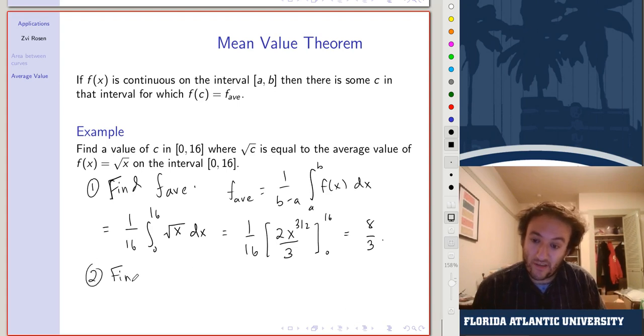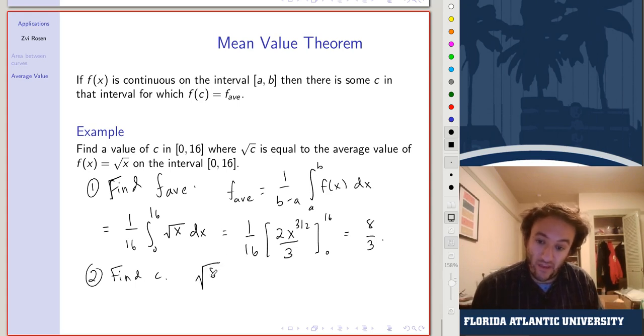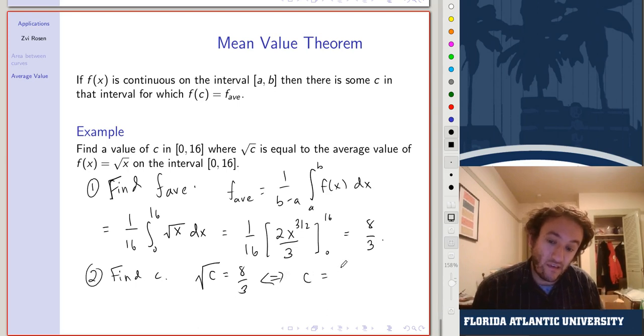Next, find c. We're just looking for a c such that f of c equals 8/3. So that means the square root of c should be equal to 8/3, but then that's just the same as if you square both sides, getting c equals 64 over 9.